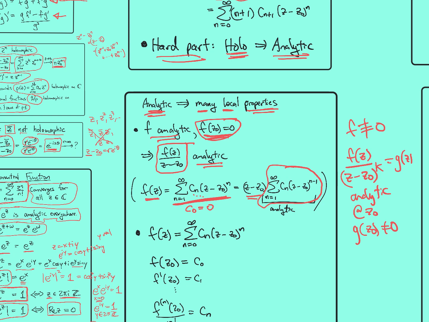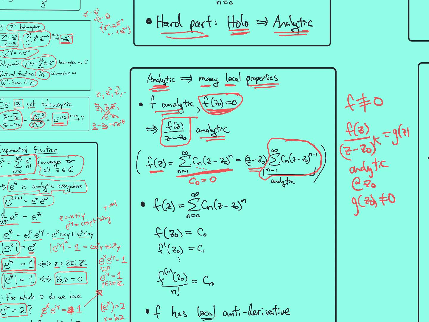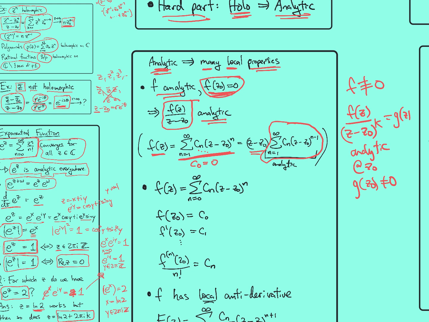Okay, and what else? So here's where we get into Taylor's formula for the coefficients. I already said that f being analytic means it has all these complex derivatives, so how do they relate to the coefficients?